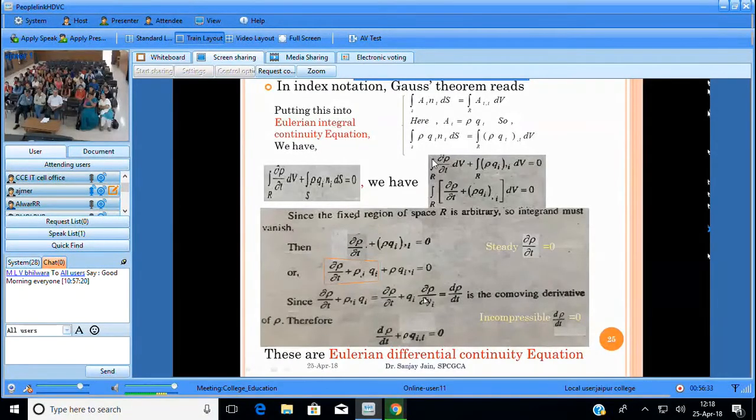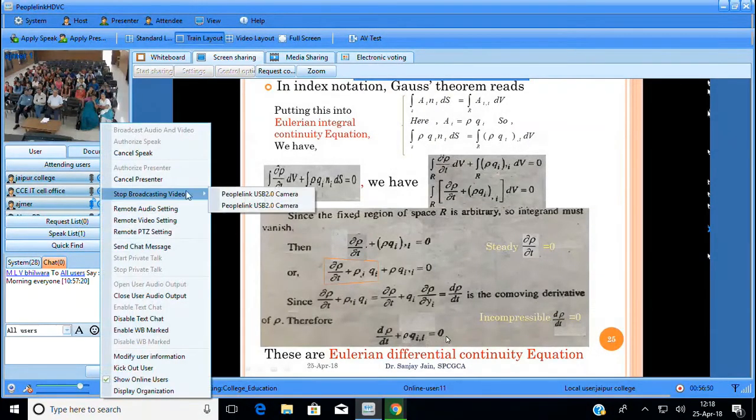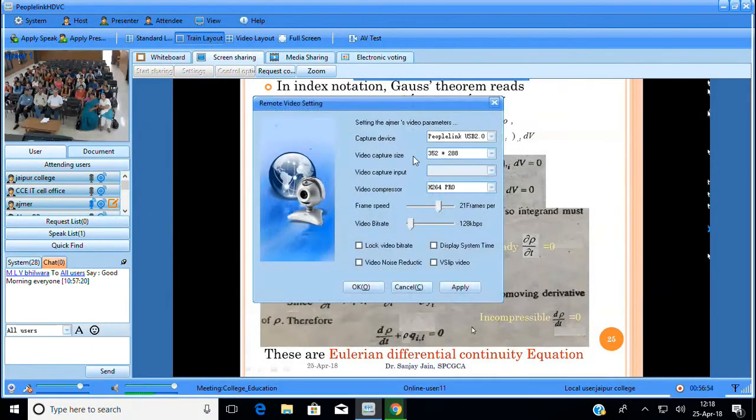Two things are important here. From this equation, if rho is constant, d rho by dt becomes 0. In such a case, rho q_i comma i becomes 0. This is called the incompressible case.